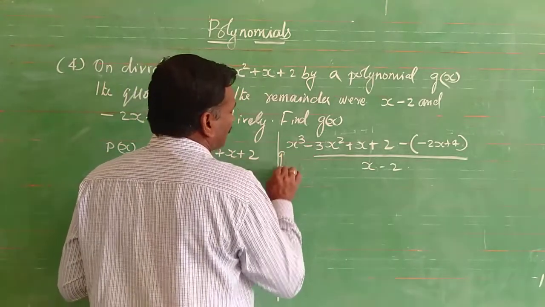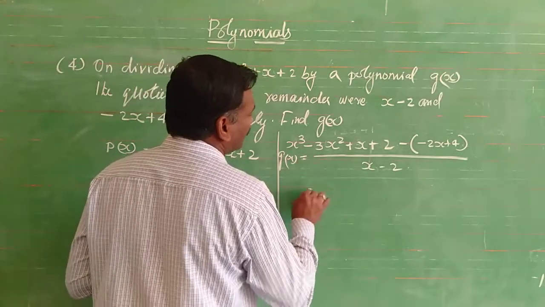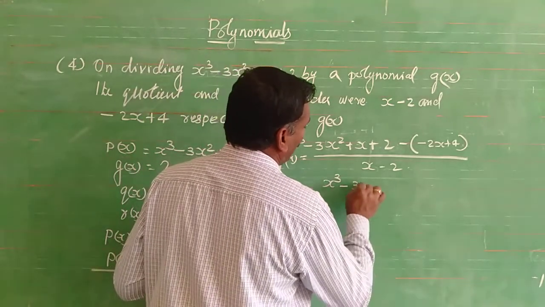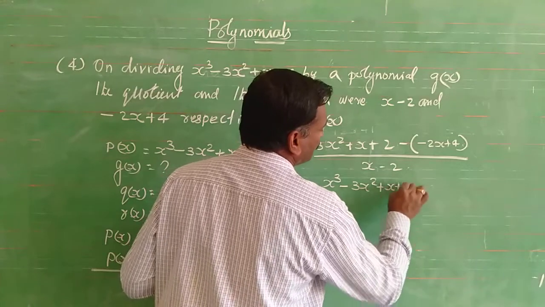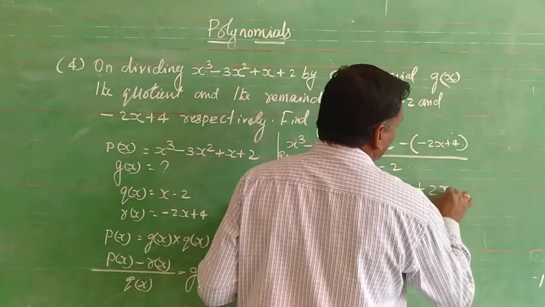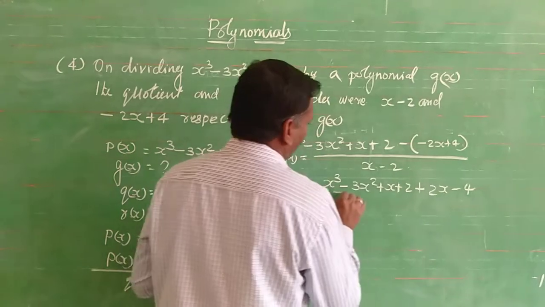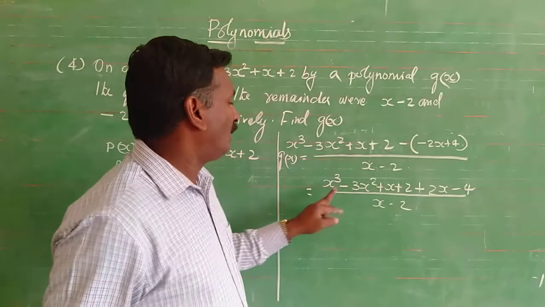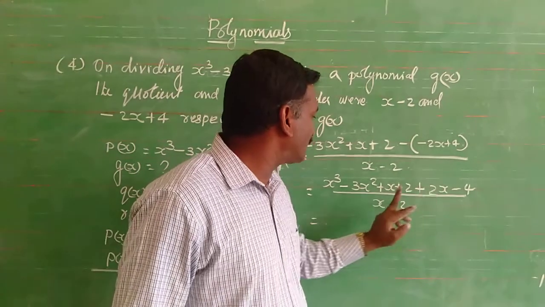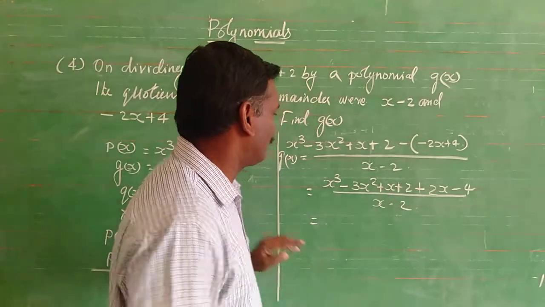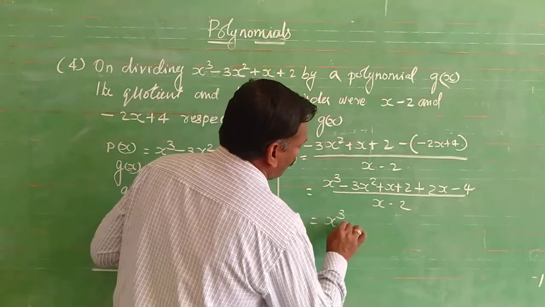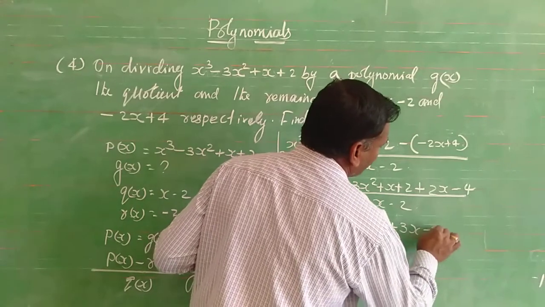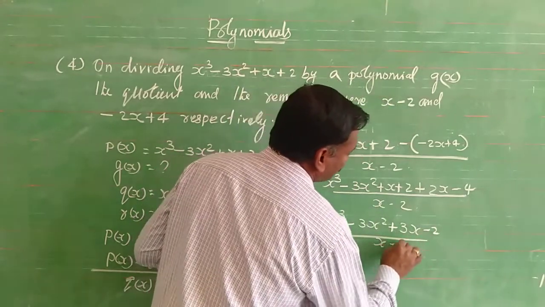Then g of x is equal to x cube minus 3x square plus x plus 2 plus 2x minus 4 divided by x minus 2. That is x cube minus 3x square plus 3x minus 2 upon x minus 2.